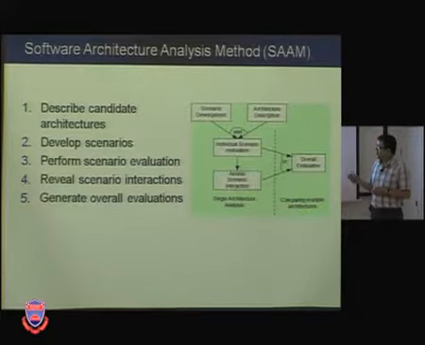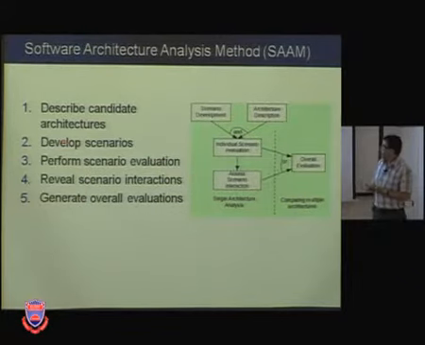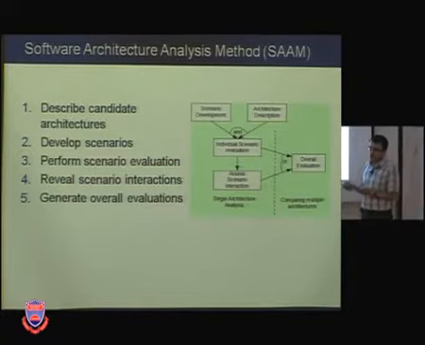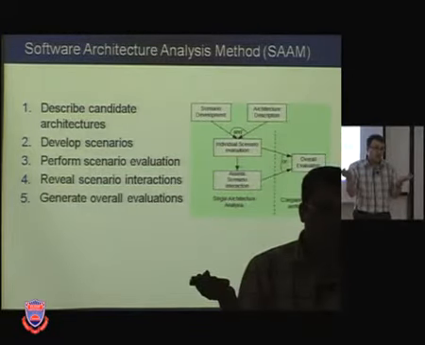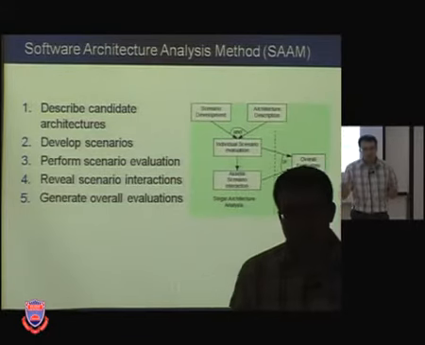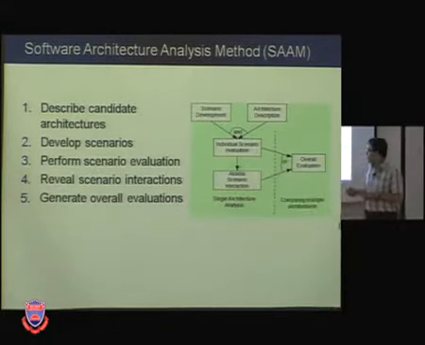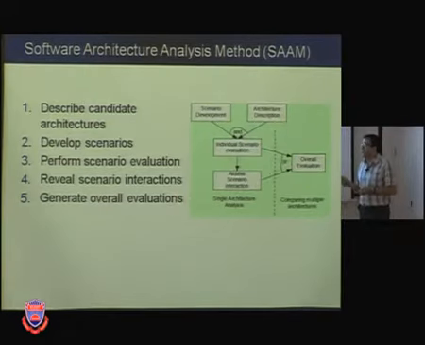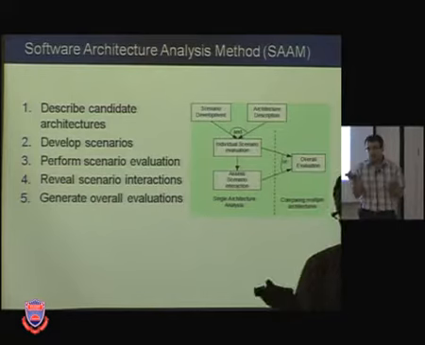Once we have these scenarios and we have the architecture, in the third step, we can start the architectural evaluation. We perform scenario evaluation. So in the third step, we take one scenario and we analyze whether the architecture meets that scenario. The fourth step is to review scenario interactions. I will explain that in detail, but then we actually look at the other side.